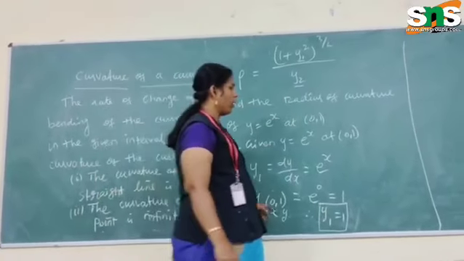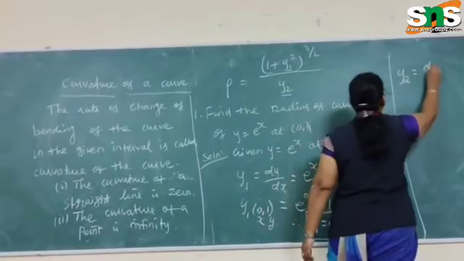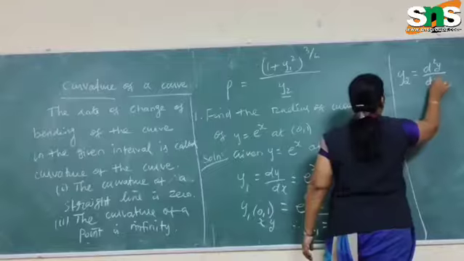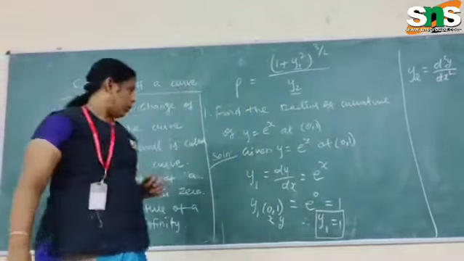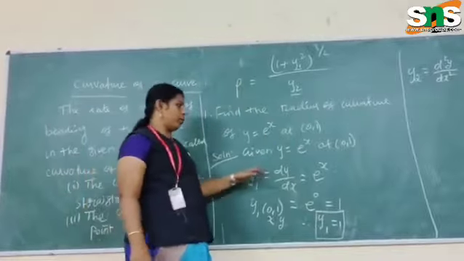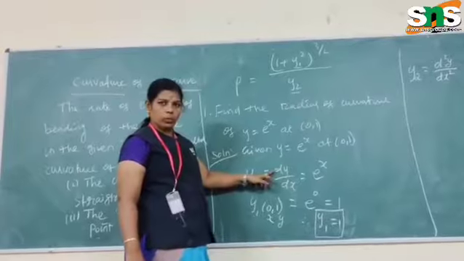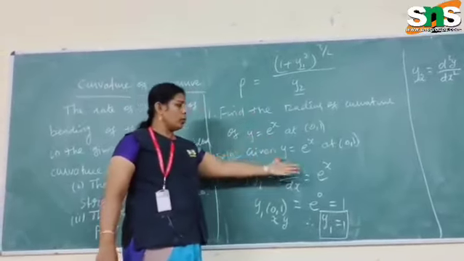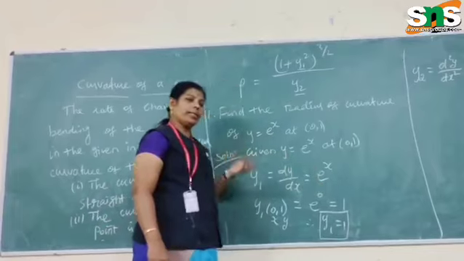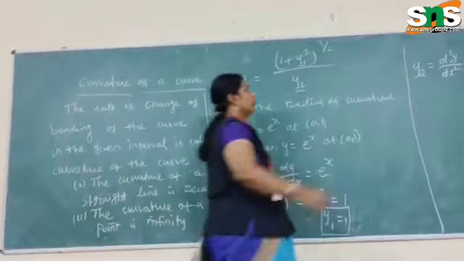Next we have to find y2. How do we find y2? It is d squared y by dx squared, differentiating again with respect to x. Already we found y1, dy by dx equal to e power x. Now again differentiating with respect to x, d squared y by dx squared is also e power x.